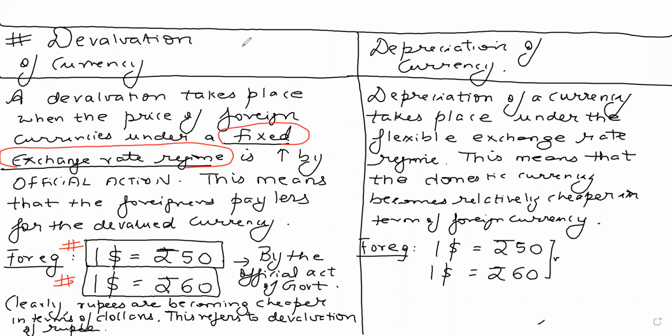This is happening because of market forces of demand and supply. The reason has changed. Everything else is the same. If you look at devaluation, devaluation was happening because of official act of the government. Depreciation is happening because of market forces of demand and supply of foreign currency.